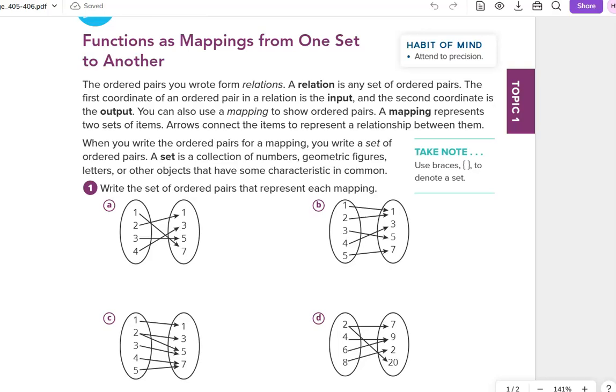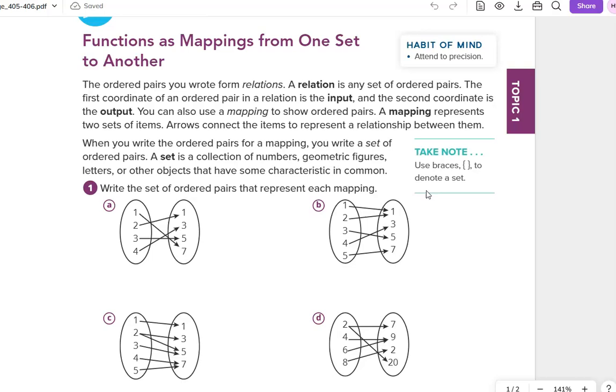We're going to have some new terms today, and we're going to pair them with some old terms so you understand what we're talking about. So not really new concepts, old concepts paired with new terminology. It says functions as mappings from one set to another. It looks kind of like a Venn diagram, but the oval shapes don't overlap; it's called mapping.